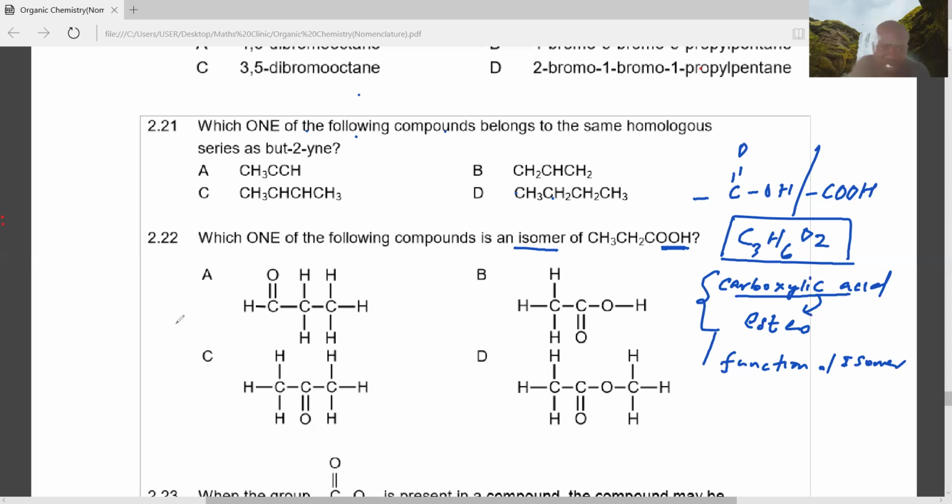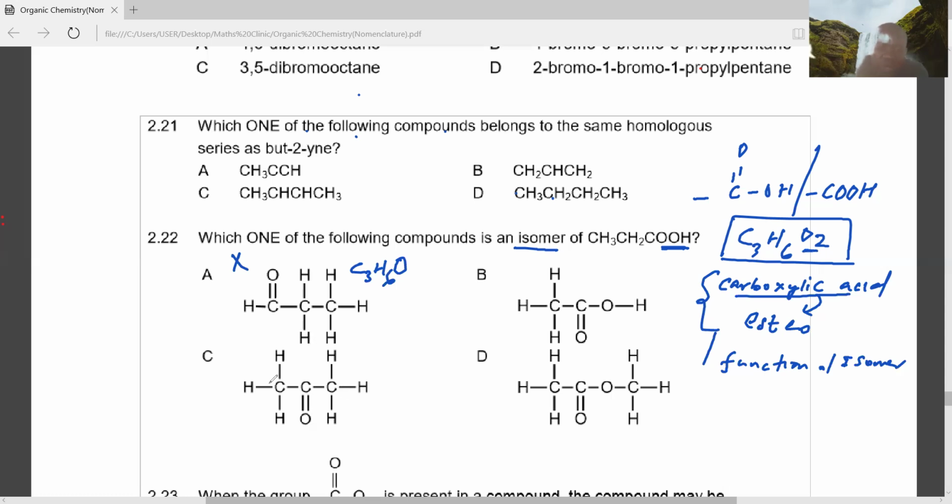And obviously, it cannot be this. Besides, look at the molecular formula of this. It's C3H6O2. Let's look at the molecular formula of compound A. How many carbon are there? 3. Hydrogen, 1, 2, 3, 4, 5, 6, with only 1 oxygen. Here we want 2. So it's out.